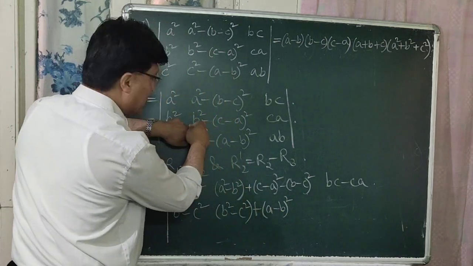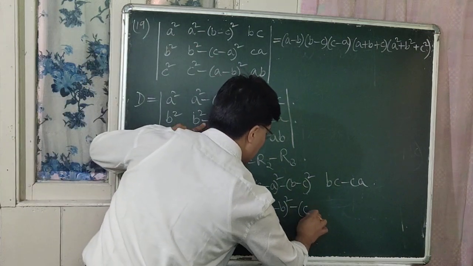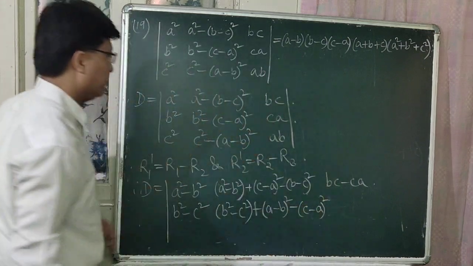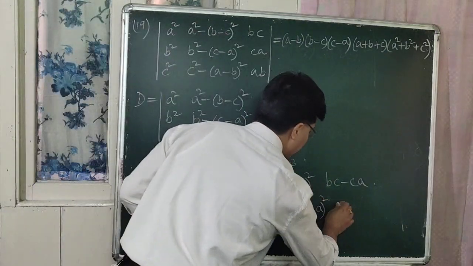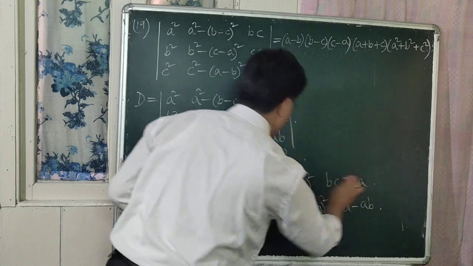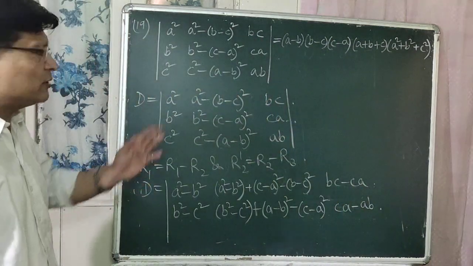You don't have to change sign here. Next one is ca minus ab. This is the new second row.